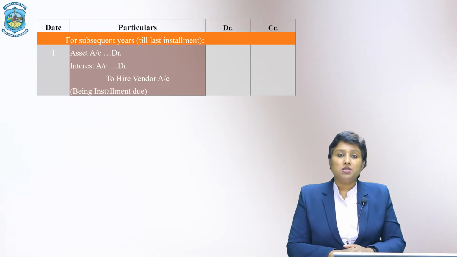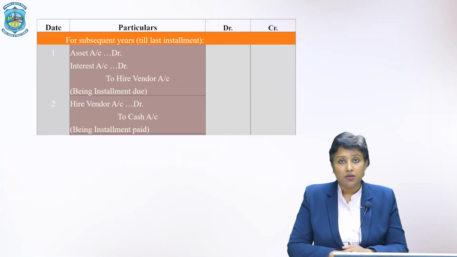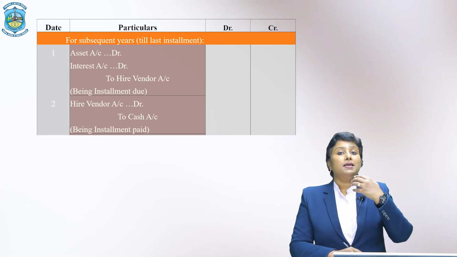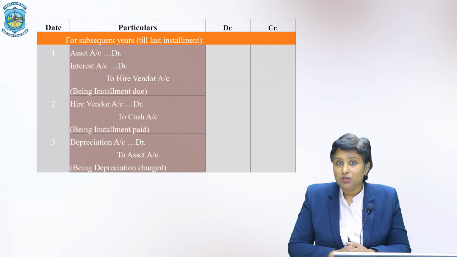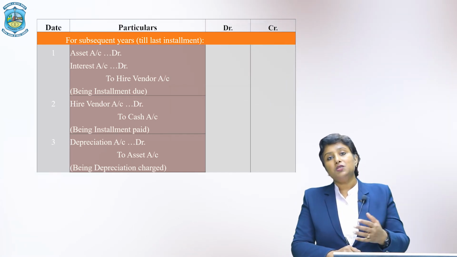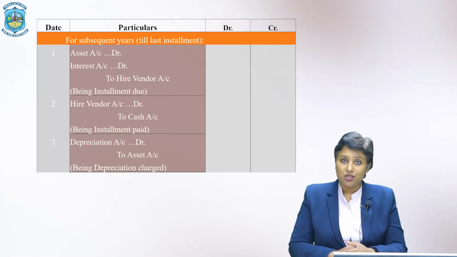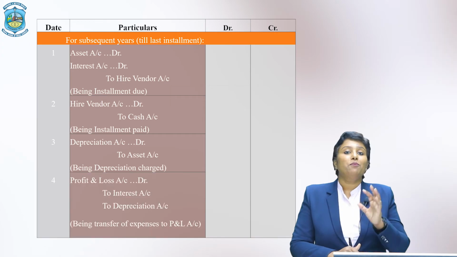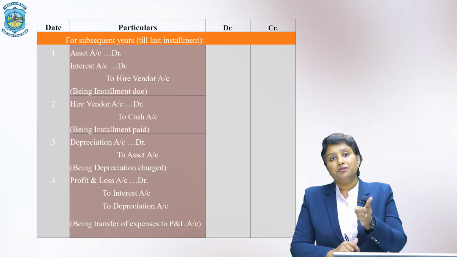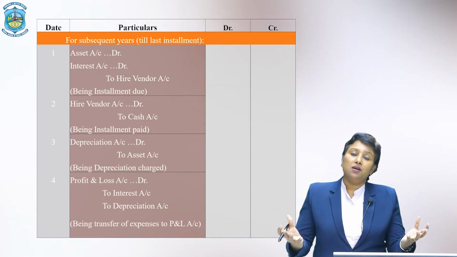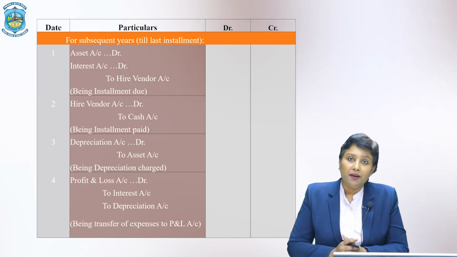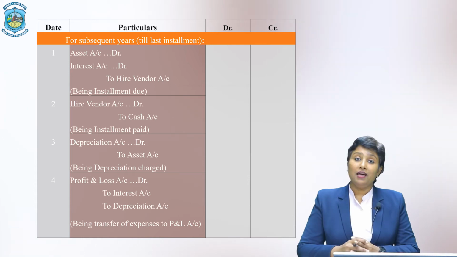For the payment of installment, hire vendor account debited to cash. For making the depreciation due, depreciation account debited to asset. And the transfer of interest and depreciation to profit and loss account will be profit and loss account debited to interest and to depreciation. So for further installments, all these four entries will be recorded back to back. I hope you all have understood the asset accrual method very well.